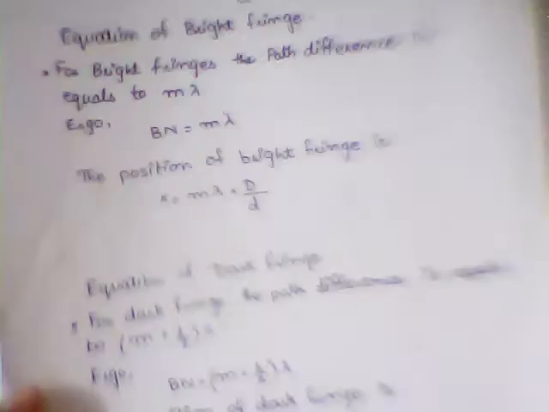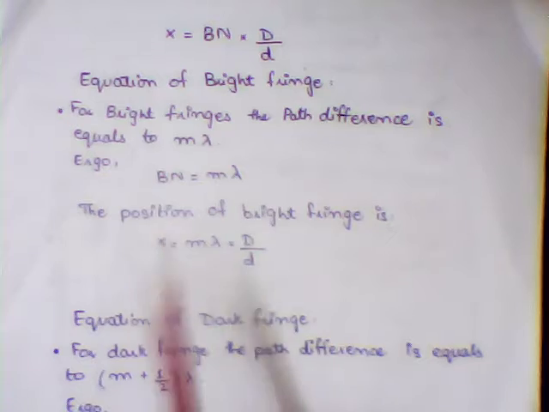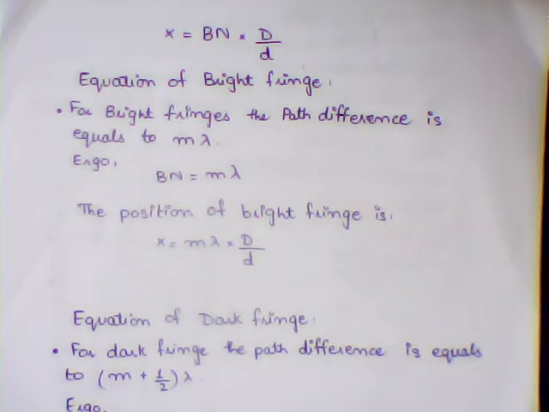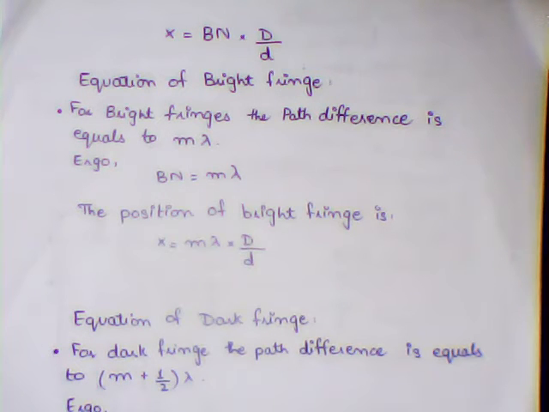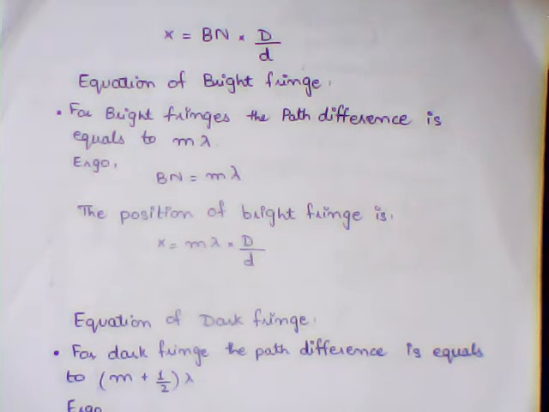Remember this equation. We need to calculate the equation for bright fringe. For bright fringes, the path difference is equal to m lambda. Whenever the path difference is m lambda, there must be constructive interference. M can be any whole number: 0, 1, 2, 3 or any.